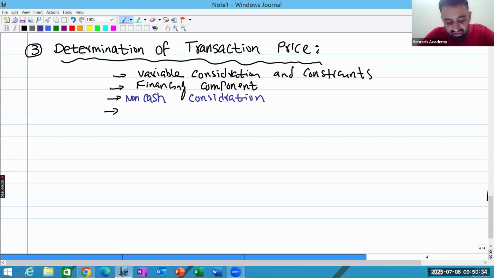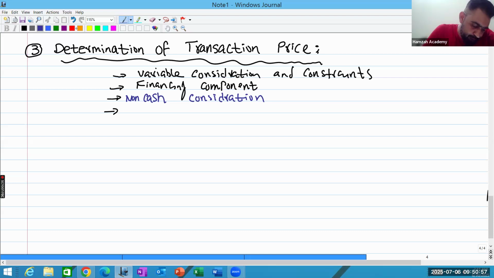Sometimes customers pay us not in cash but in other forms, like the customer may give us the shares of their company, equity of their company. That is a non-cash consideration. Or instead of giving cash, they may give us a real estate, a property. That is a non-cash consideration that needs to be considered.